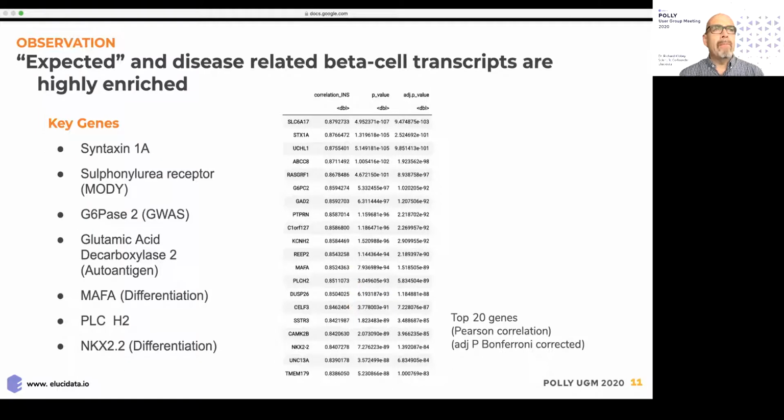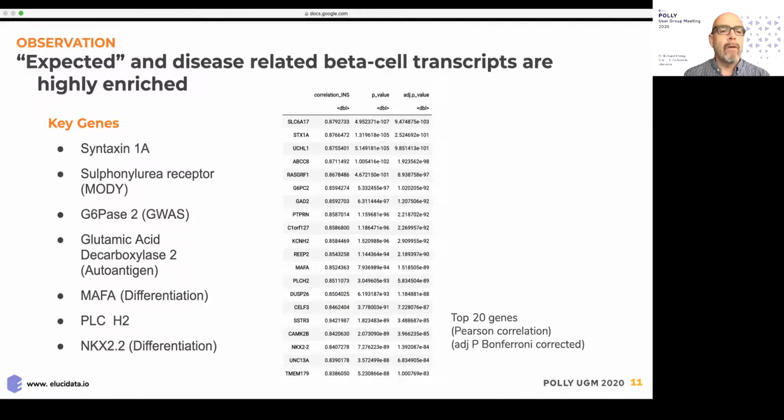And while that might be concerning, when you start looking at the information that you're getting, and especially because you're looking at it across the whole pancreas, it does become more interesting. And what we're seeing is that there are a lot of very expected genes showing up when we correlate towards the insulin value.